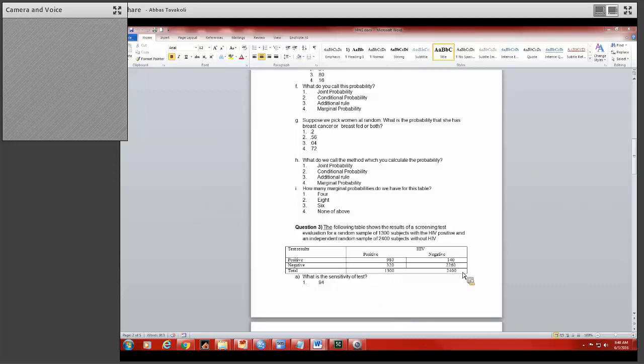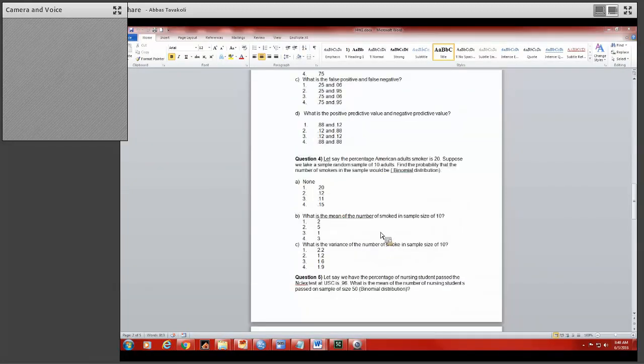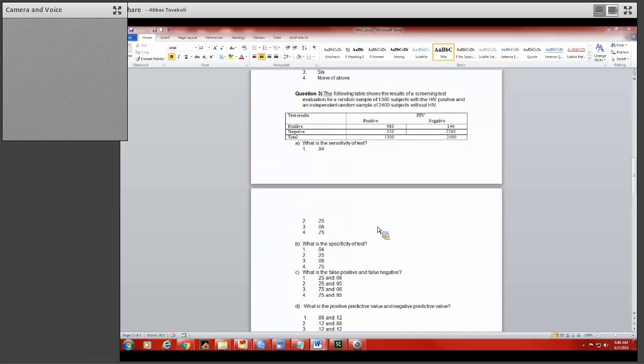You wanted to count the number for each row and column excluding the total, so you wouldn't count these total. So it's just how many row, how many column you have, you add up to get that.